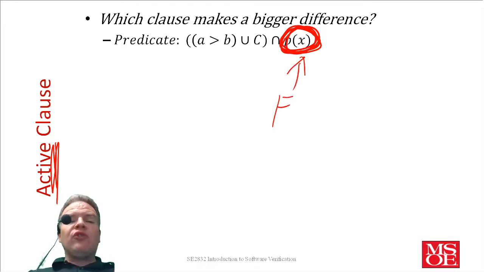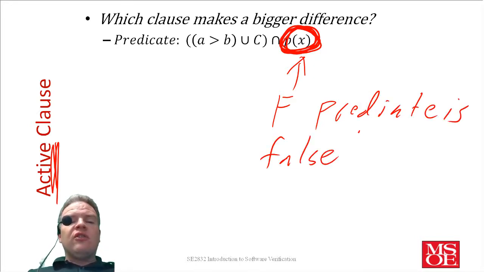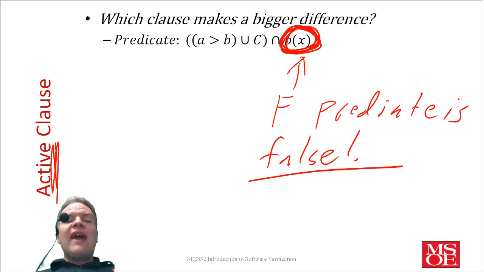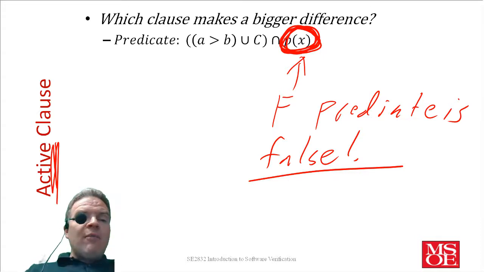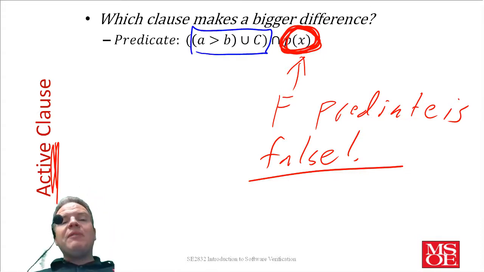If it's false, the predicate is false. That's going to have some impact on my testing if I really care about what's happening over here. And that may be something that I'd want to focus on, making my system work a little bit better by testing that particular sets of situations.